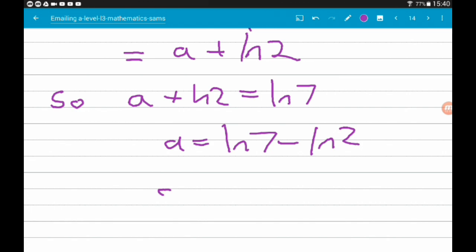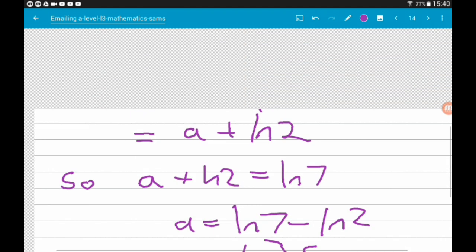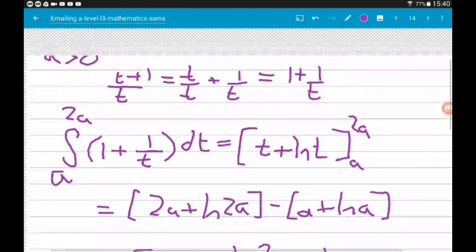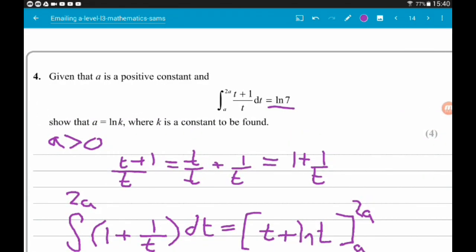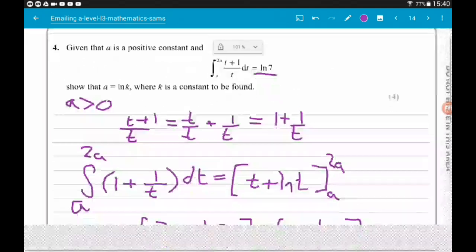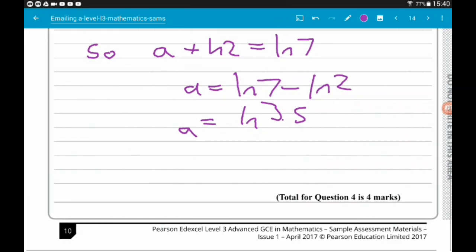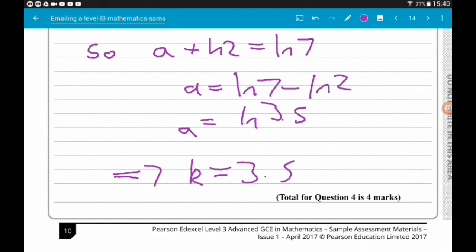So a is log 3.5. Now remember, we were told that a is equal to log k, where k is the constant to be found. So our final answer is therefore k equals 3.5.